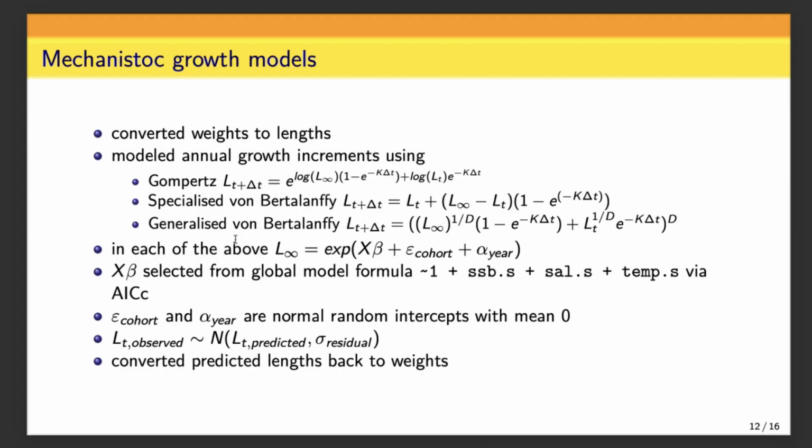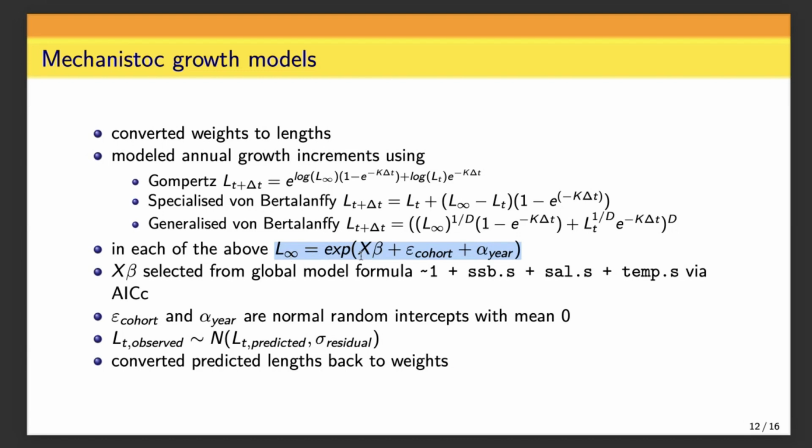Okay, so then the complexity that we added is that in each of the above, we're modeling L infinity using this formula, where it's modeled on the log scale so that it stays positive. This is a trick just for keeping a parameter positive.